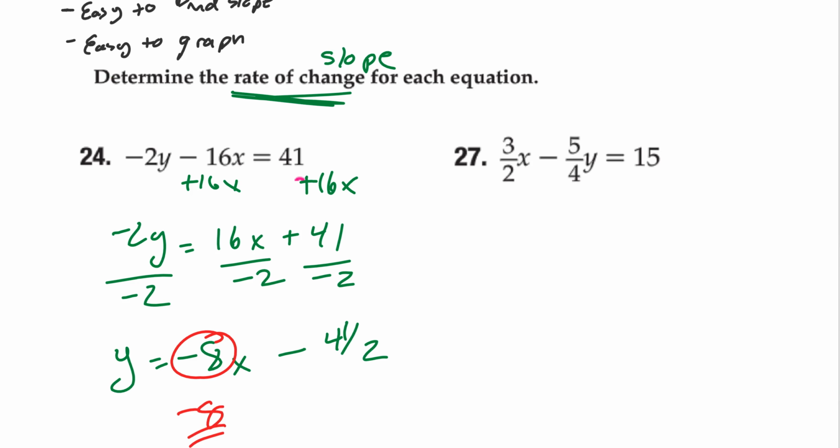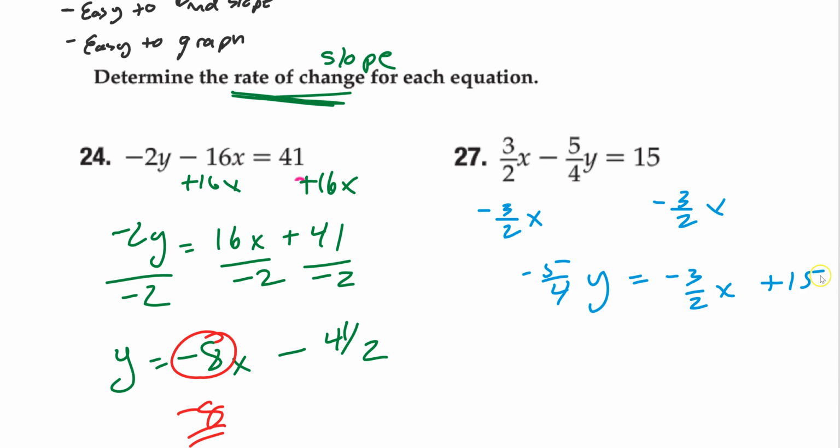Next one. Oh, it has fractions. Well, first, get y by itself, right? Let's subtract 3 over 2x from both sides. So negative 5/4 y equals negative 3 over 2x plus 15. So the way you get rid of fractions, you just multiply by the reciprocal. So we multiply everything by the reciprocal of this.